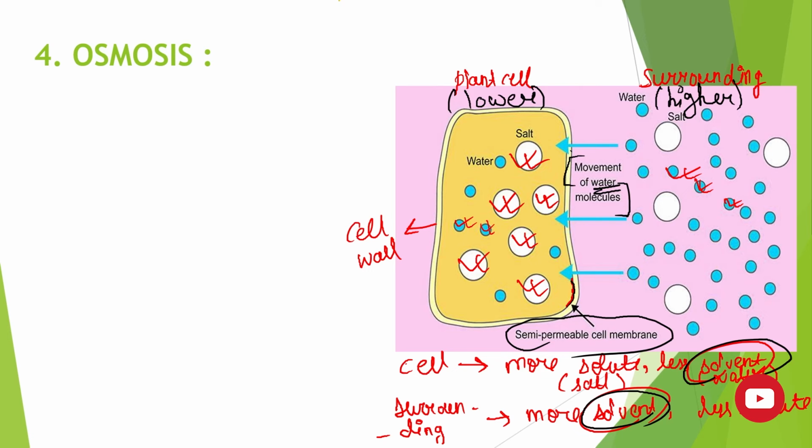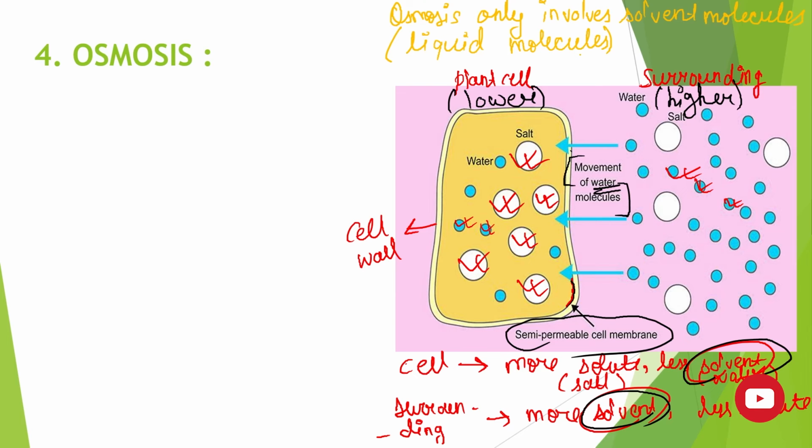Osmosis only involves solvent molecules, that is, liquid molecules. Active transport involves movement of all types of substances, but osmosis does not allow that.